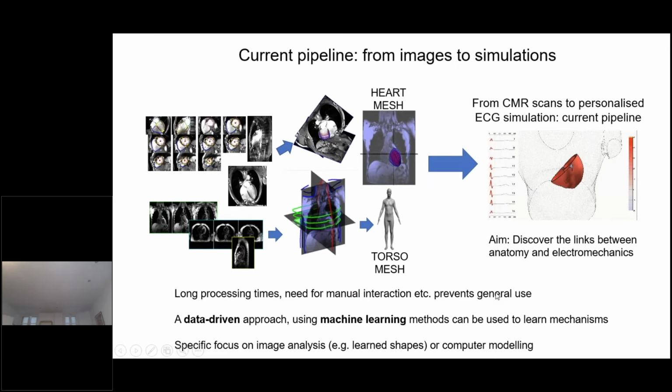Okay, perfect. So here is a purely computer simulation work that we have been working on. We are establishing a pipeline between cardiac images of a specific subject, in this case cardiac magnetic resonance, and on the right, the simulations, in this case electrophysiological simulations of the electrical activity of that particular patient, from the heart all the way to the electrocardiogram ECG signals that can be recorded on the torso.